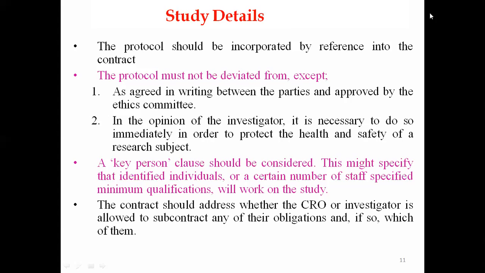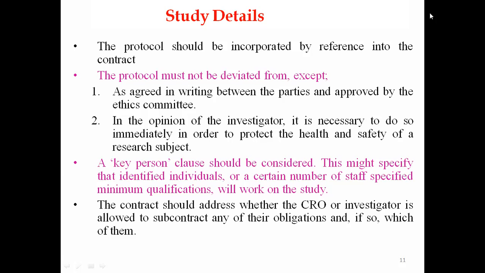Sometimes what will happen is, whenever a CRO, for example one company, has got the sponsorship from that particular company, some of the work they will give to subcontractors. That means a very minimal part goes to some upcoming companies or other companies which are very good at that particular work.